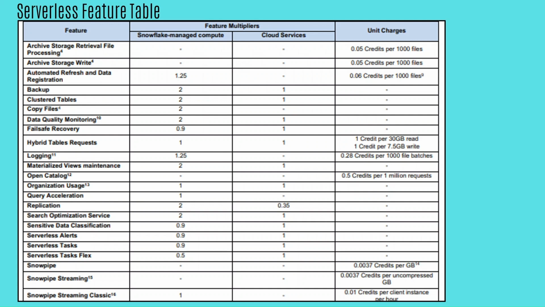Now comes the serverless table, guys. Now can you see here? See guys, now cloud services and serverless table, these are also very important. Just take some time and understand what cloud services does. As I said, cloud service is your brain.